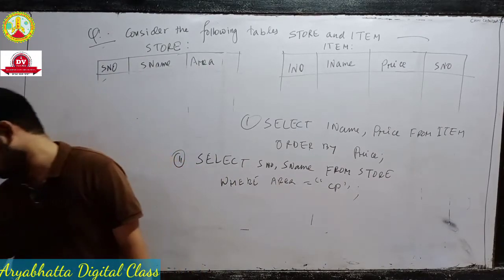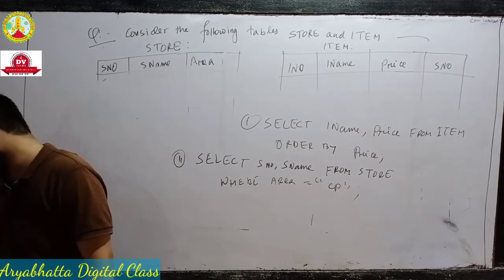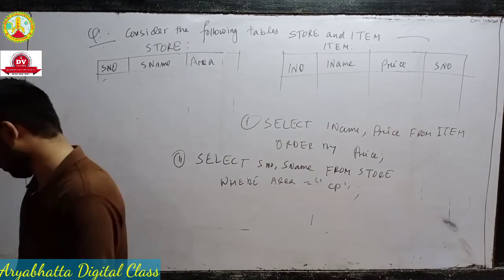And the third one is to display the minimum and maximum price of each item name in the item table. We have to declare minimum and maximum price. You see, this is important.